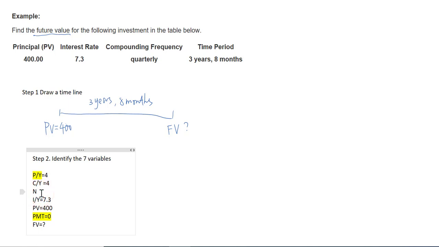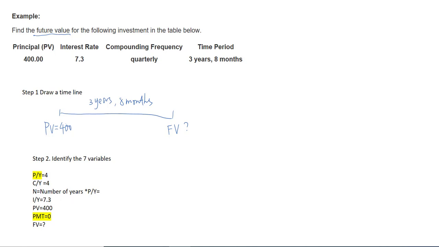Now N is number of compounding period. We have a formula for it. N is number of years times PY. And in this case, number of years, we've been given 3 years and 8 months. 8 months is a partial year. So how do we convert that into a number, which is number of years?